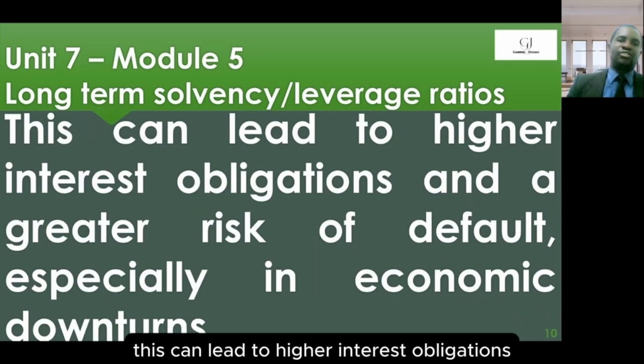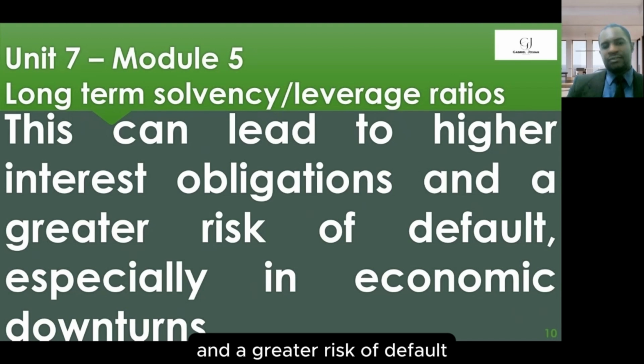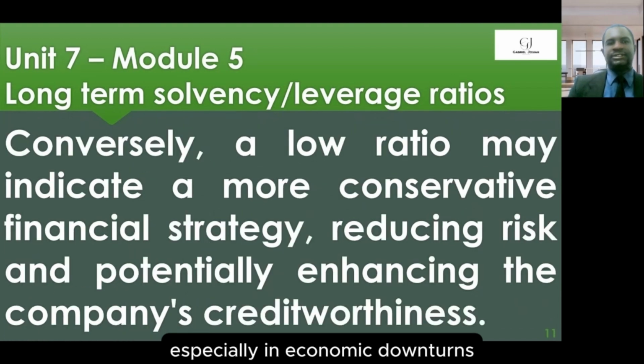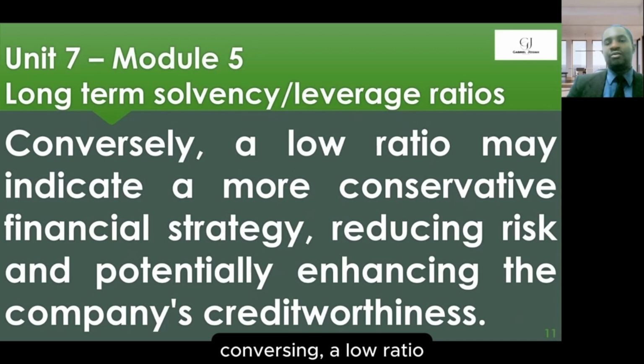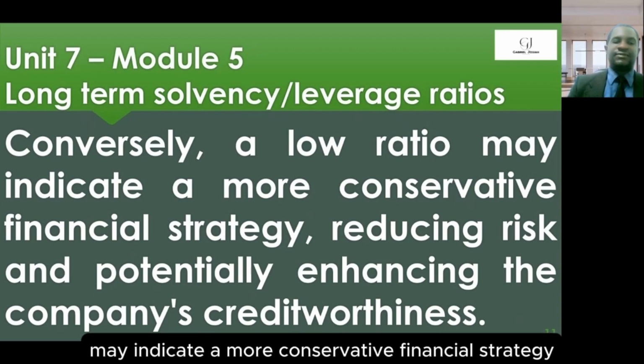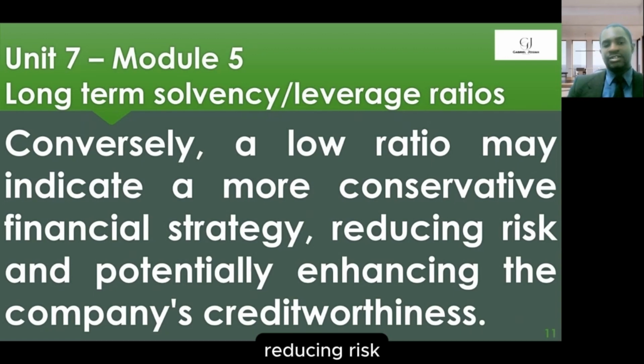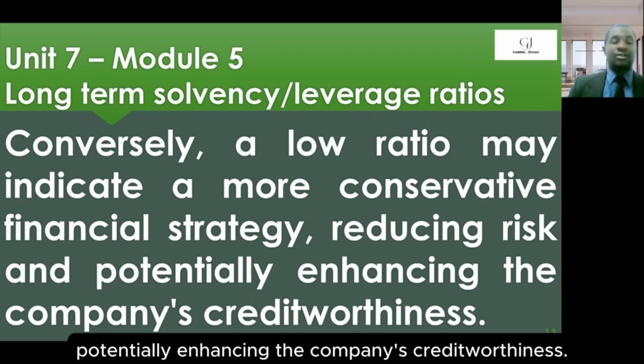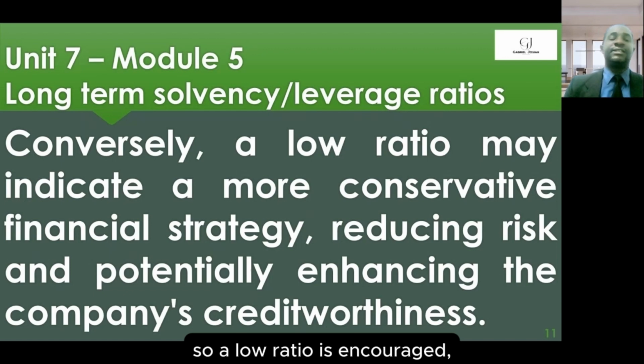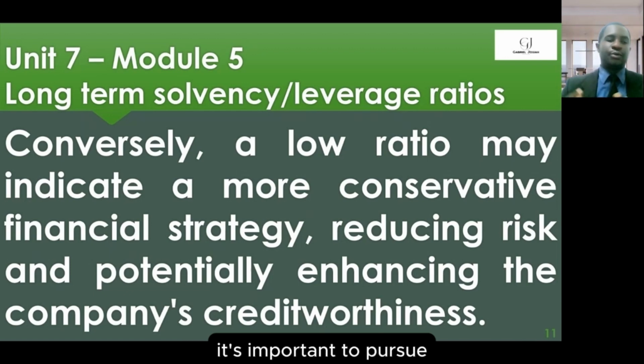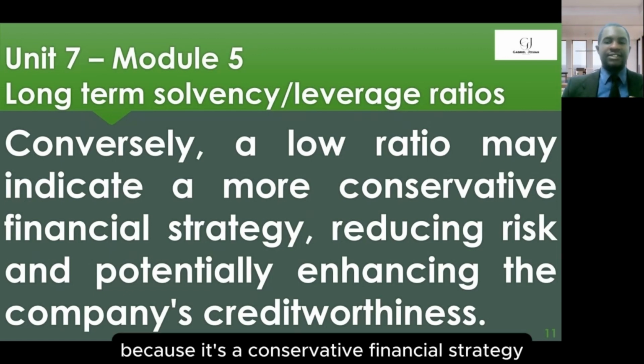This can lead to higher interest obligations and a greater risk of default, especially in economic downturns. Conversely, a low ratio may indicate a more conservative financial strategy, reducing risk and potentially enhancing the company's creditworthiness. So a low ratio is encouraged. It's important to pursue because it's a conservative financial strategy.